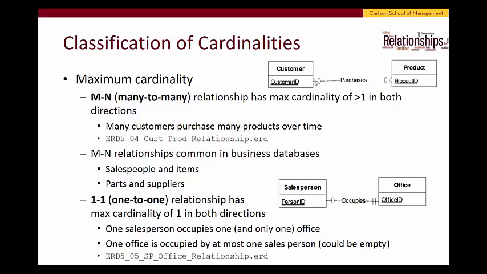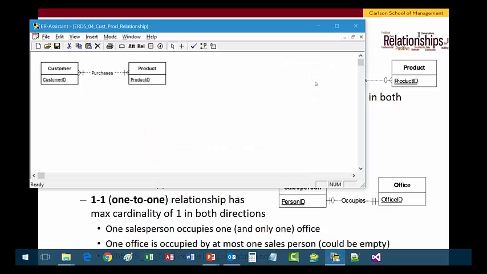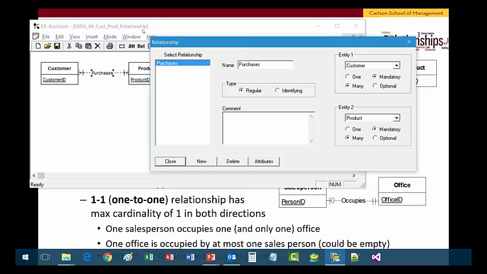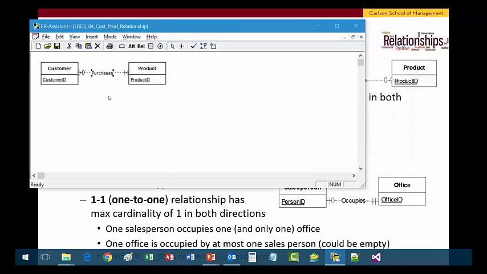So to stay on the more general side, we will go back and make these optional again, starting with the customer. By making the customer optional, we're saying that a product can be purchased by 0 or many customers, so there can be products that are not purchased by any customers.